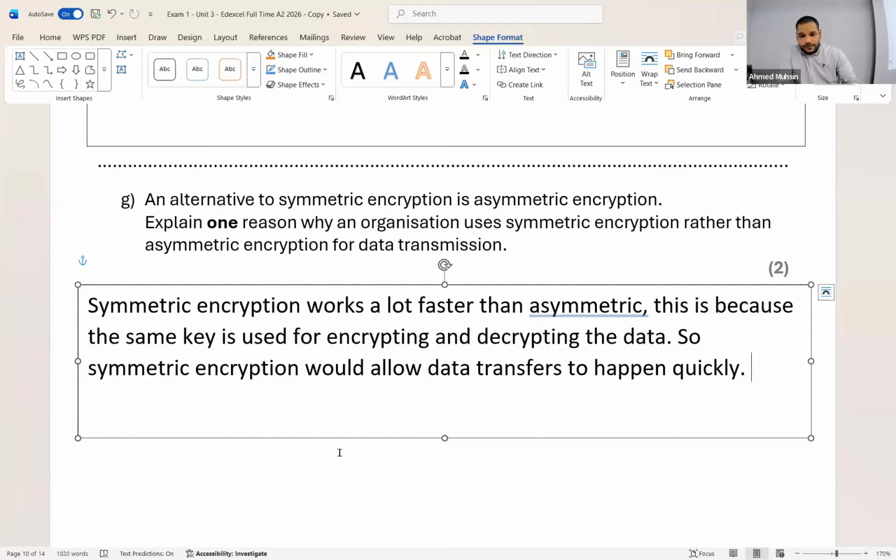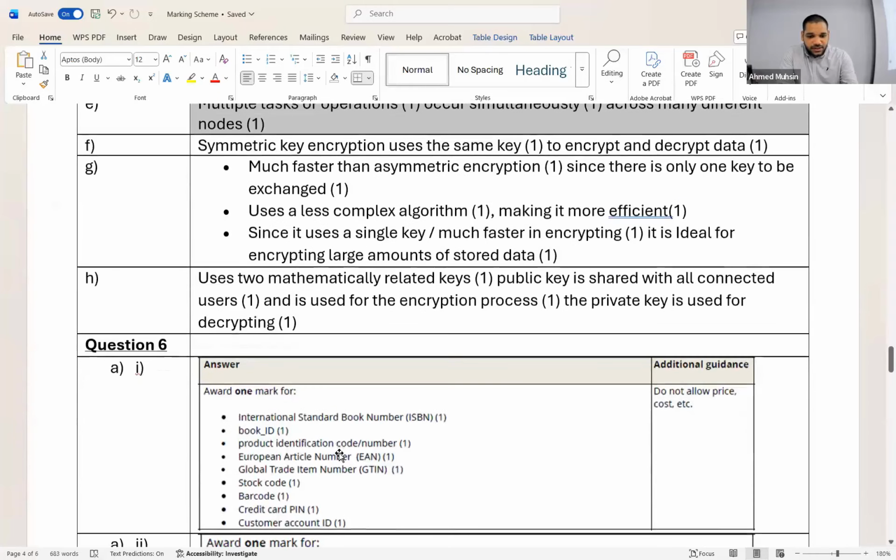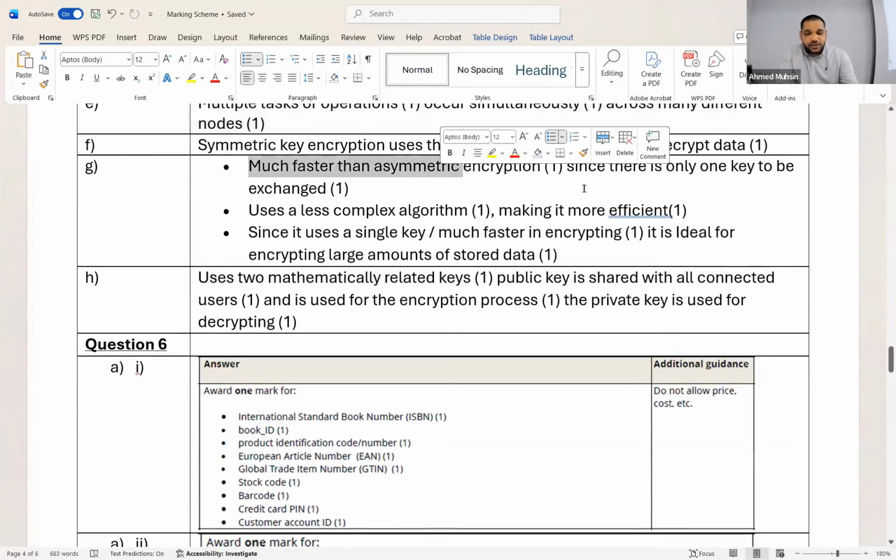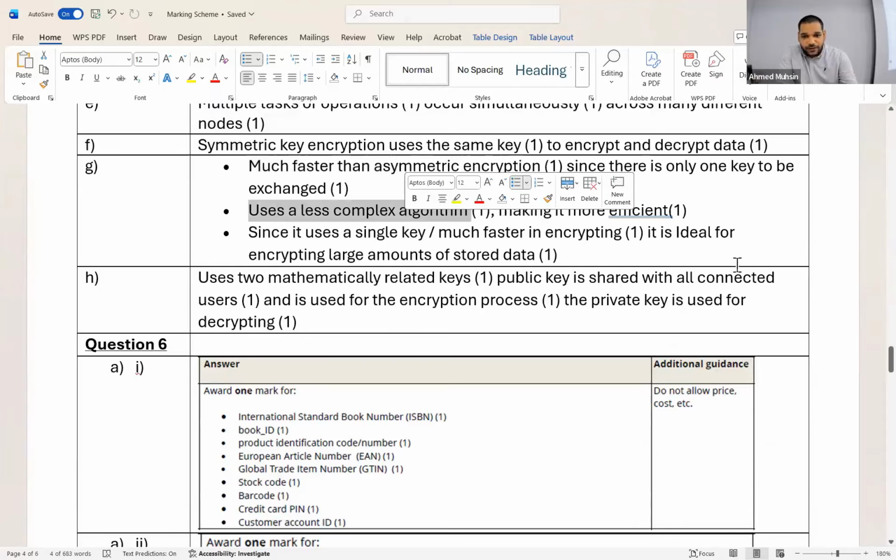The examiner has mentioned uses two mathematically related keys. Sorry, wrong answer. This one: much faster since there's only one key to be exchanged. Uses a less complex algorithm, making it more efficient.